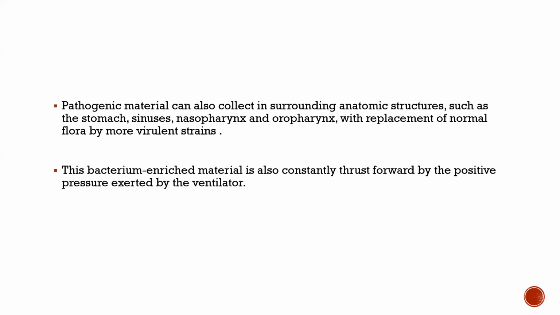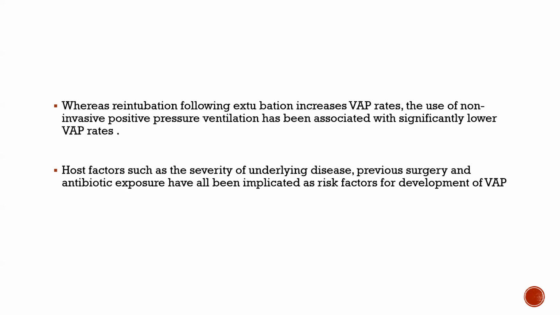Pathogenic material can also collect in surrounding anatomical structures such as stomach, sinuses, nasopharynx, oropharynx with replacement of normal flora by more virulent strains. This bacterium-enriched material is also constantly thrust forward by positive pressure exerted by the ventilator. Reintubation following extubation increases VAP rate, and the use of NIV has been associated with significantly lower VAP.